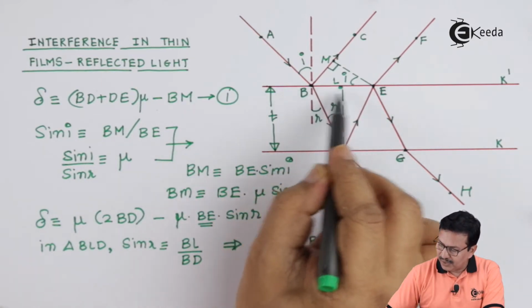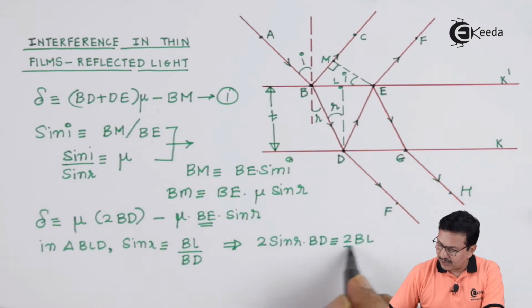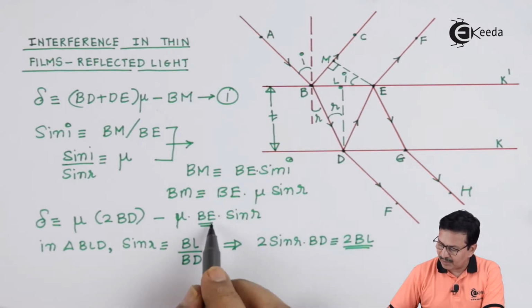L is the midpoint of B and E, and therefore twice BL is nothing but BE.